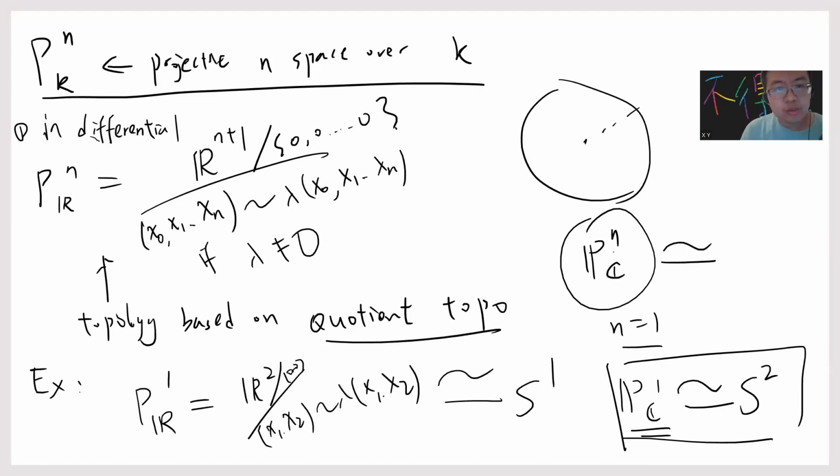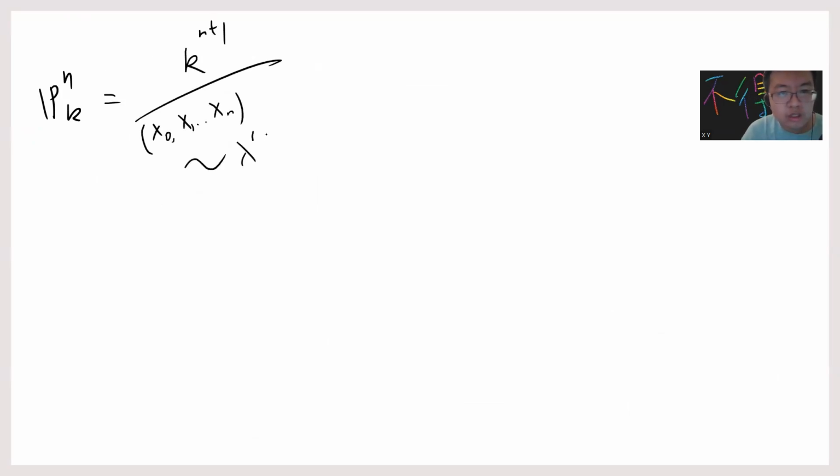Okay, but in algebraic geometry, yeah, we do the same thing, right? So we can define P^n over K, that's the same definition, right? We can just say we have K^(n+1), and then we think of x0, x1, up to xn identified with this. Okay, and we also forget about the (0, 0, ..., 0) point. So we are not allowed to use it; if they are all zeros, this is ill-defined.